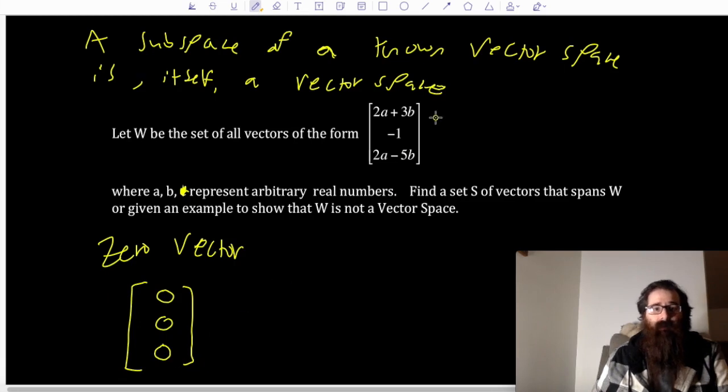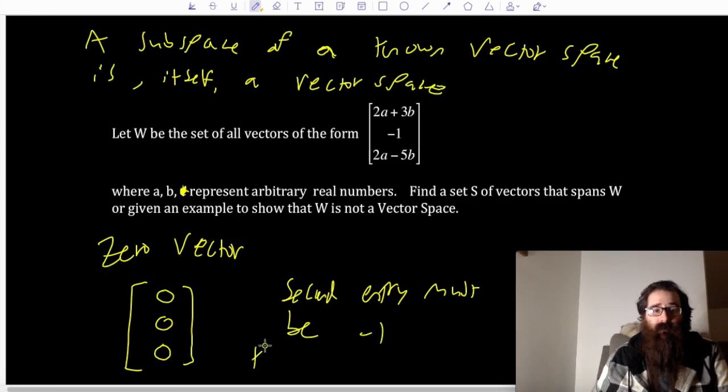Will that work? The first entry is fine, right? a and b are real numbers, and if a and b are both 0, or if there's some balancing going on between them, I can get 0 out of that. What about for the third entry? Sure, that could be a possibility, but not at all for the second entry. The second entry must be -1.